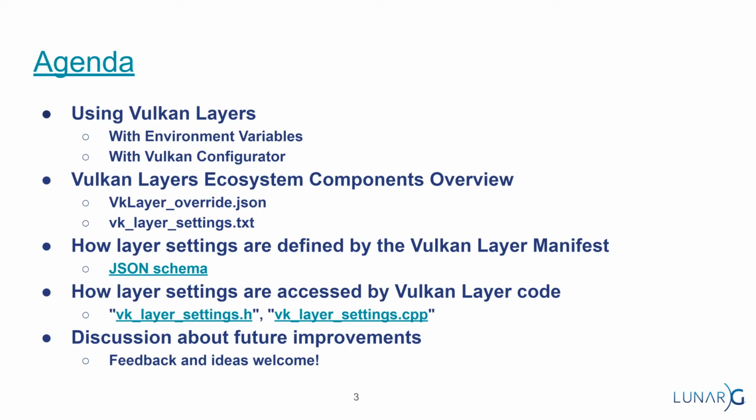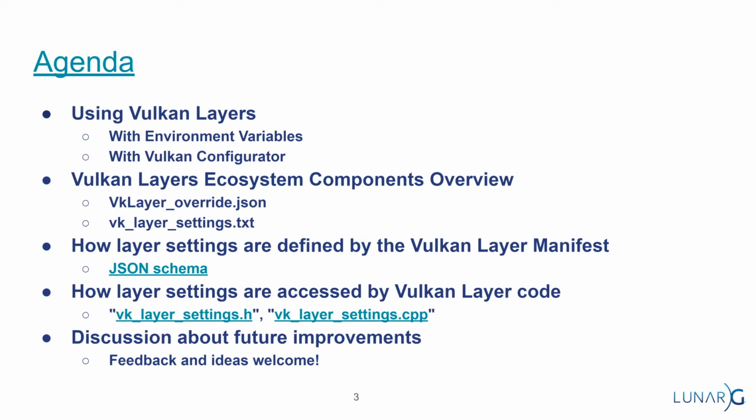Then we will start to do some more layer development. So how to add layer settings, looking at both aspects. First, how to change the layer manifest to expose to the Vulkan developer some layer settings to control the features of the layer.